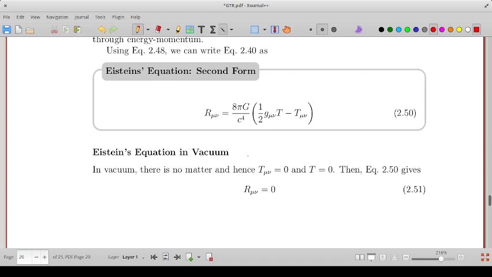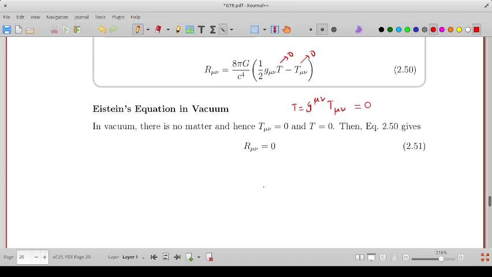Now in the absence of matter, we have T mu nu equal to 0, because rho is equal to 0, and therefore g mu nu T, where T is the trace of T mu nu, and since all elements of T mu nu are 0, this is also 0. So from this we can set this to be 0 and this to be 0, and we will get R mu nu equal to 0.